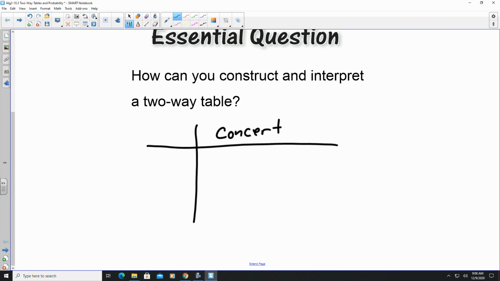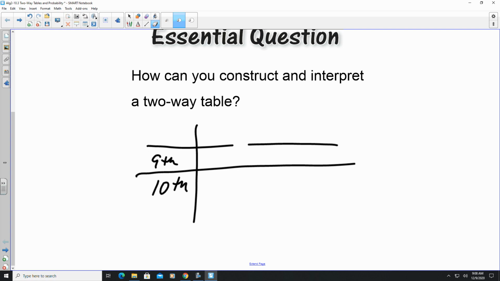Let's say you had ninth graders and 10th graders, freshmen and sophomores, from this concert here. You either were going to attend or you're not going to attend.